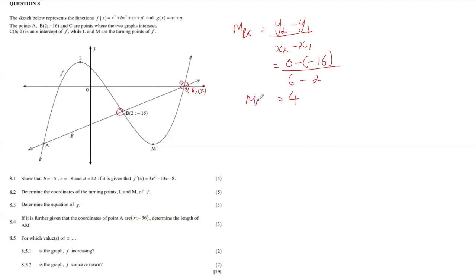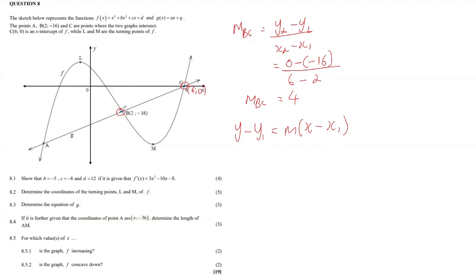So the gradient for BC is 4. Now to find the equation of g, we say y minus y1 is equal to m(x minus x1), right? And then we substitute any of the coordinates that we want. We can go with (6; 0). We can go with (2; -16).